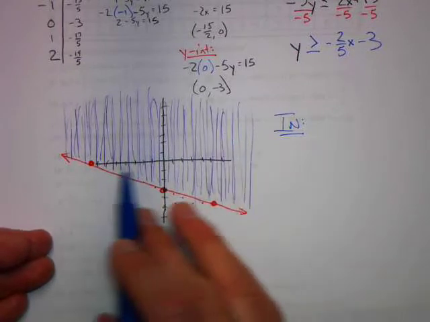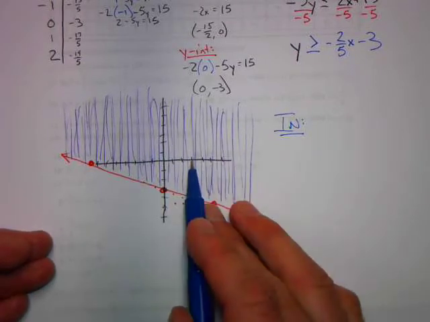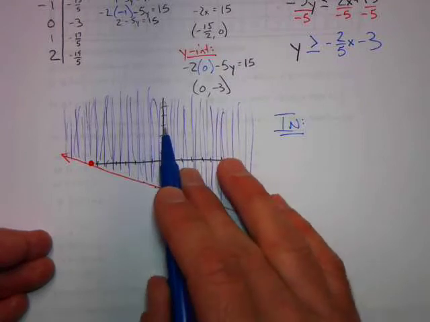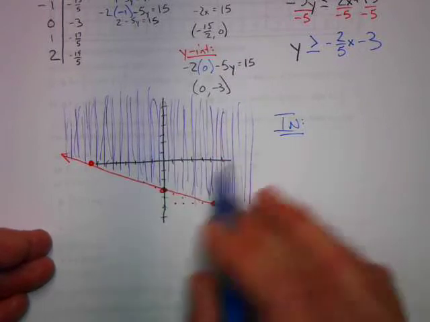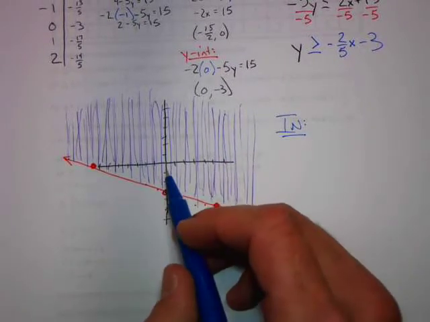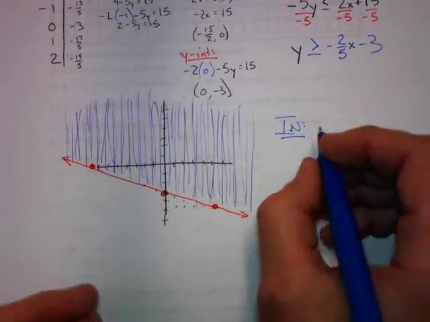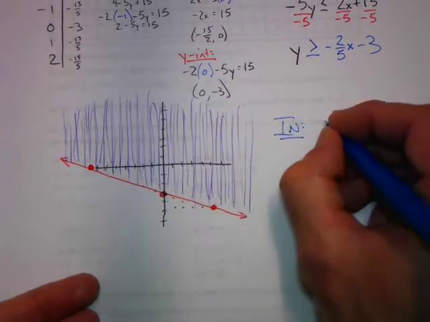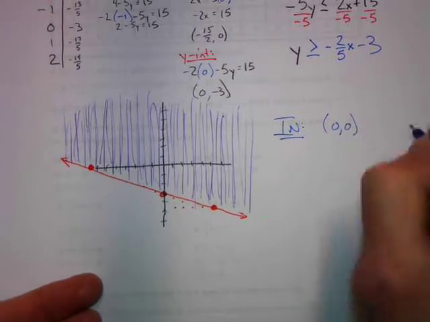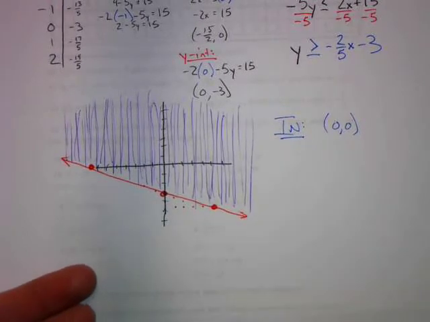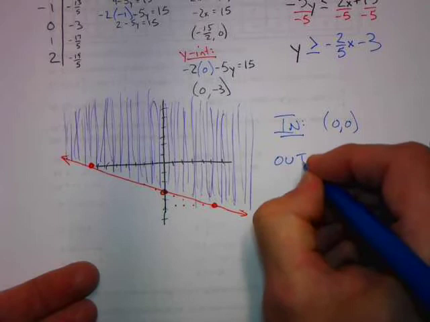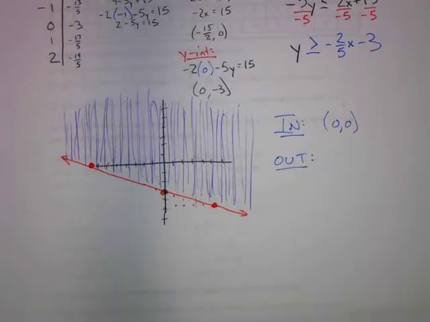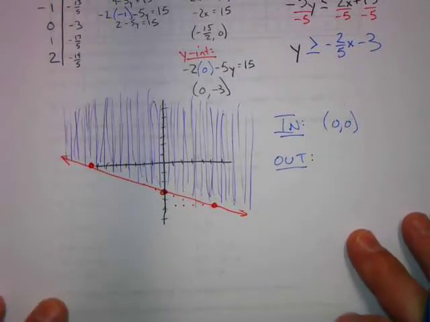You can pick something on the axis, like here at 3, 0, or 0, 4, or 0, 5. Me personally, I like to look at the origin first. So what's an example of an ordered pair in the solution set? Good old origin. Then another question I'm asking, just to make sure you know what you're doing: what's an example of an ordered pair not in the solution set?